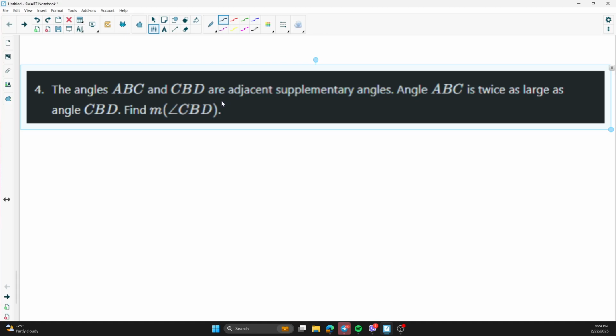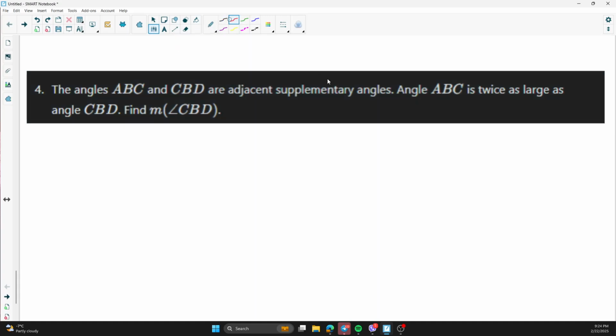Angles ABC and CBD are adjacent supplementary angles. Angle ABC is as large as angle CBD. Find the measurement of CBD.